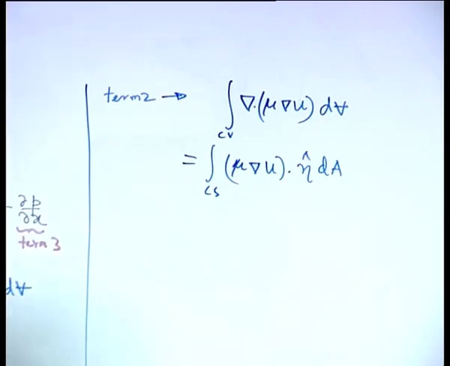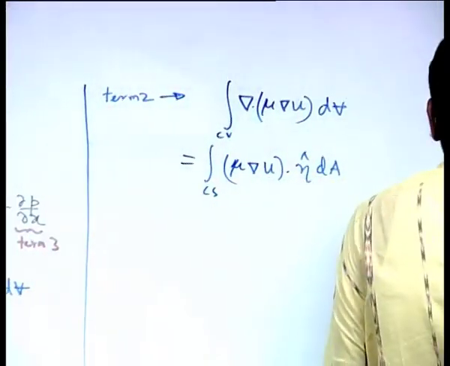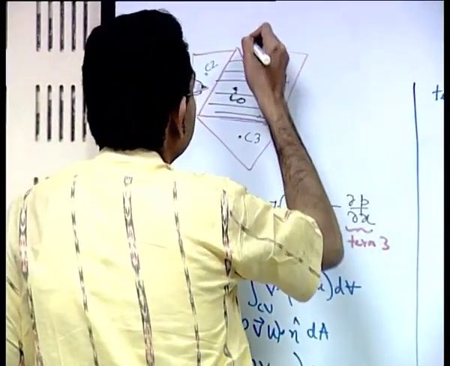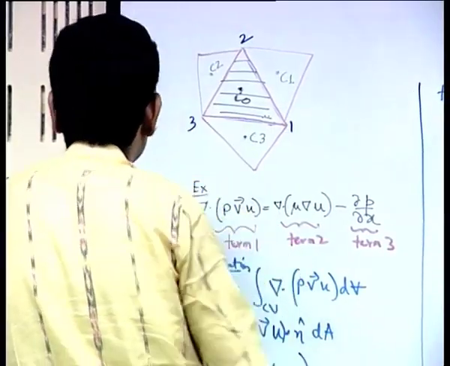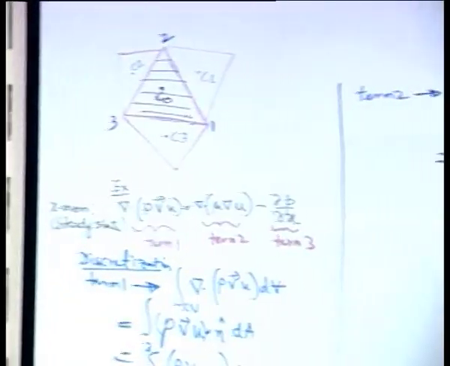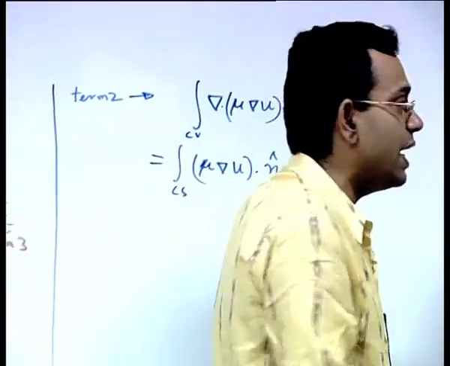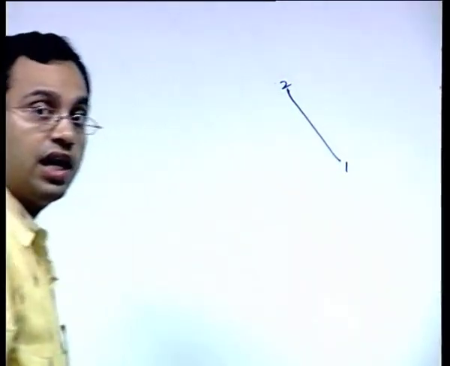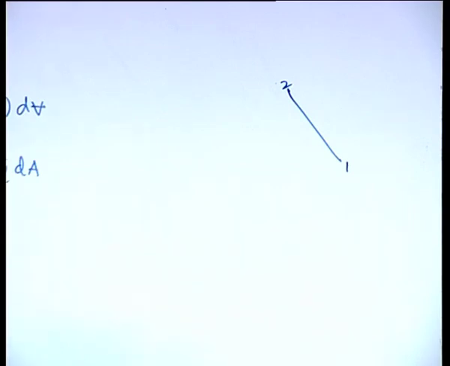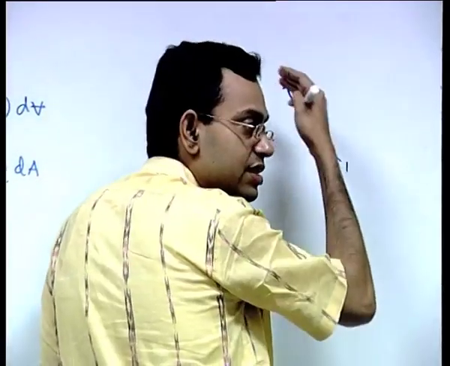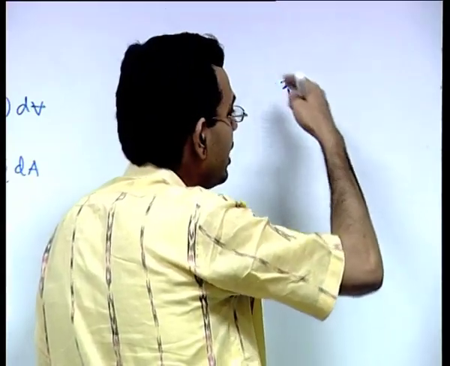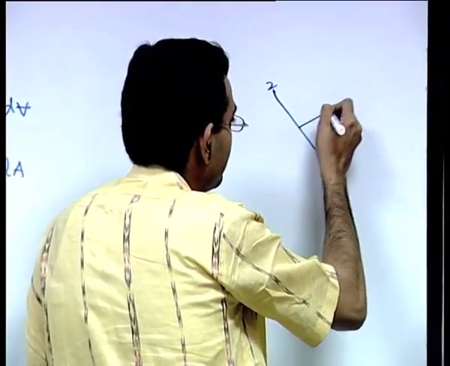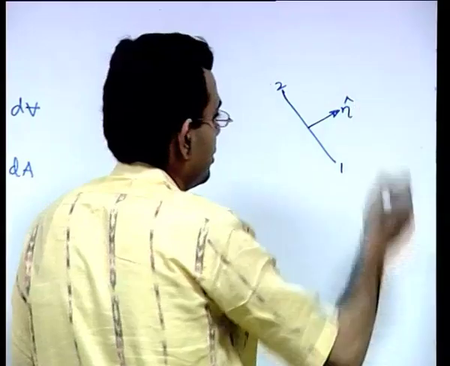So what is eta, for example? Let us give some numbers to indicate the vertices of this triangle, say 1, 2, 3. If you do that, then this is the edge 1 2, which is a face if you consider the triangle as a volume with unit width, and this is the normal direction.